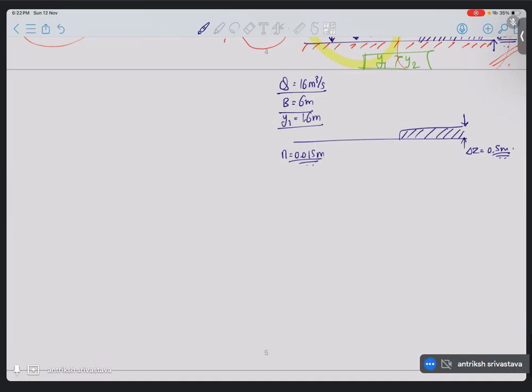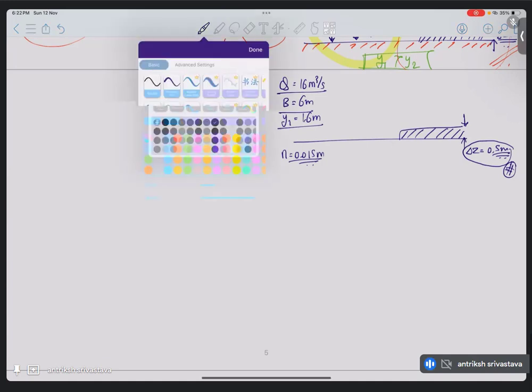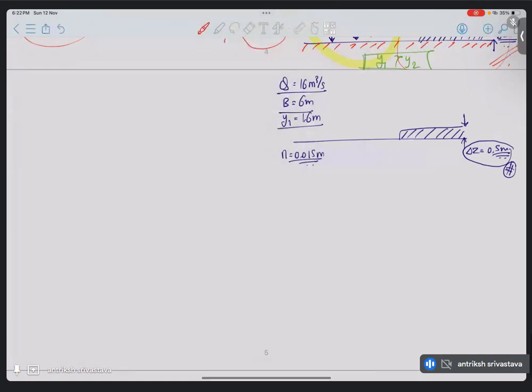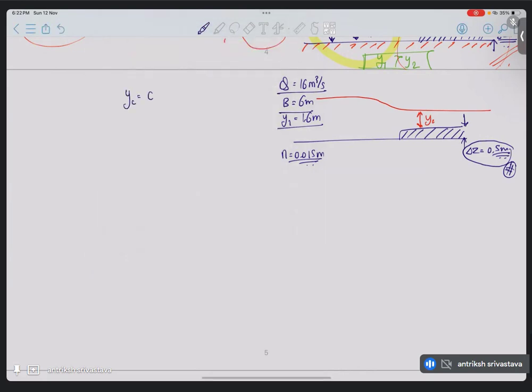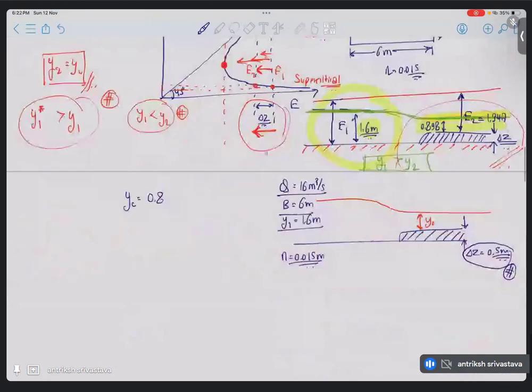Now, when delta Z is 0.5 meters, then we know that the depth on the downstream is going to be YC. From our earlier question, we have seen the value of YC as 0.898, I guess it was. Yes, luckily I wrote here 0.898 meters, and correspondingly EC was 1.347 meters, right?